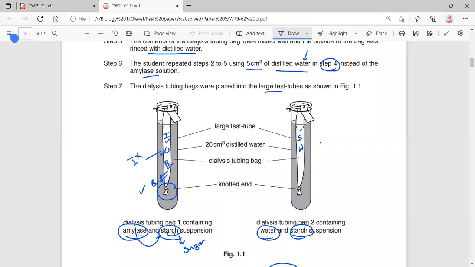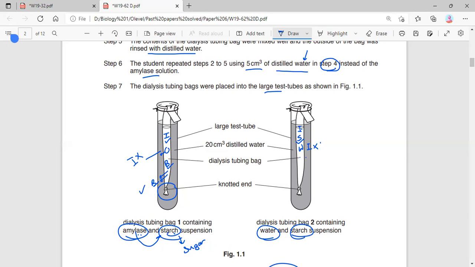What about this test tube? If I did iodine test inside, you will find starch. If I did iodine test outside, you will not find starch. Why is this? Because the starch is a large molecule. It cannot diffuse out of the membrane. Am I going to find sugar inside or outside in this test tube?